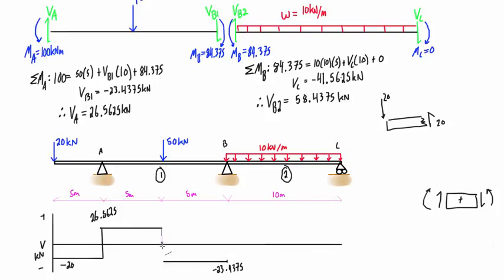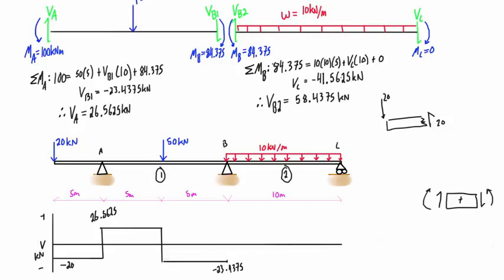It's not until we get this point load that we have the jump. If you look at this jump, it should be equal to the magnitude of the point load. And sure enough, 26.5625 plus 23.4375 added together is 50 kilonewtons. So that's a nice little check that we've done this correctly.